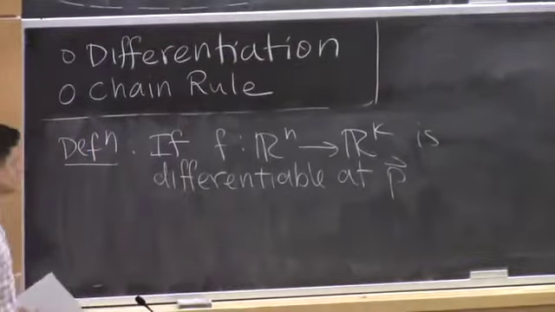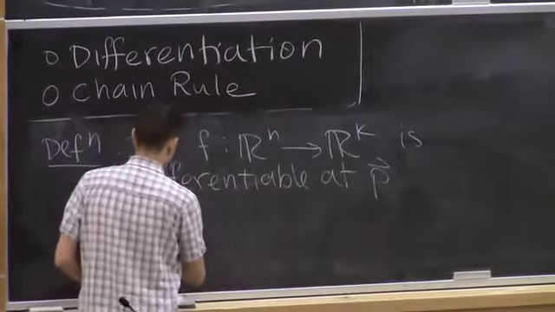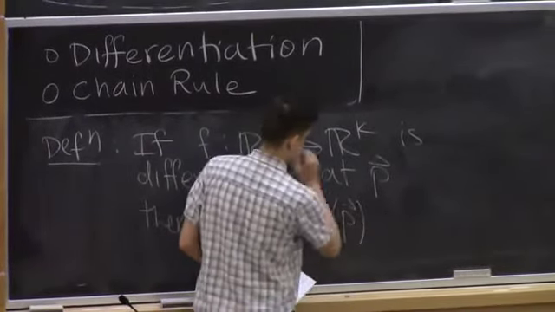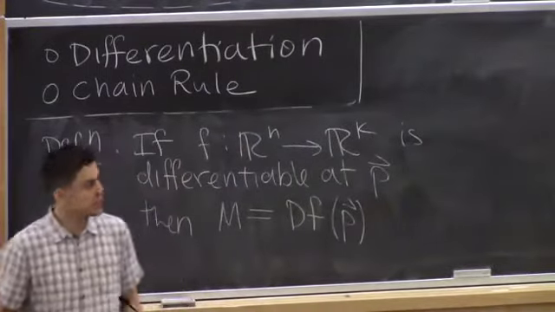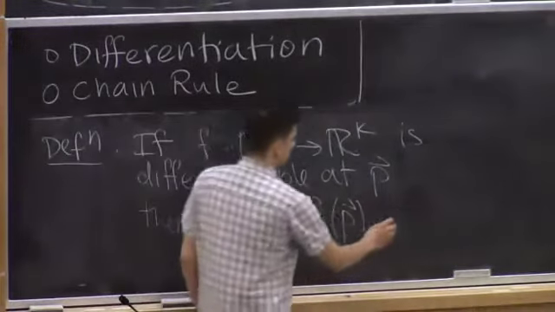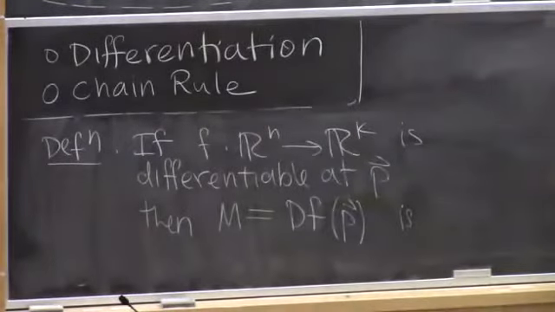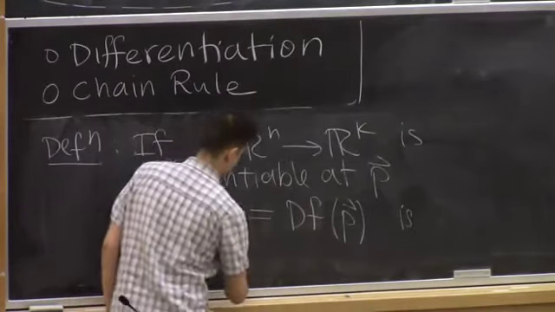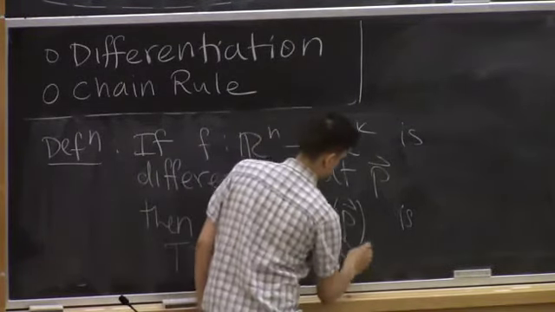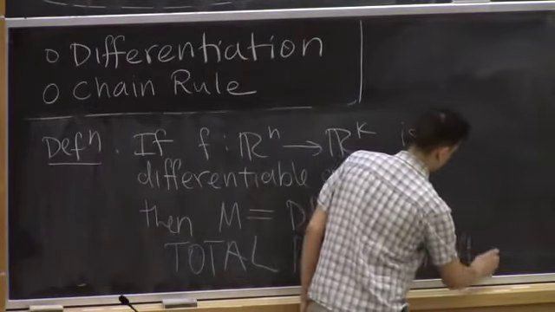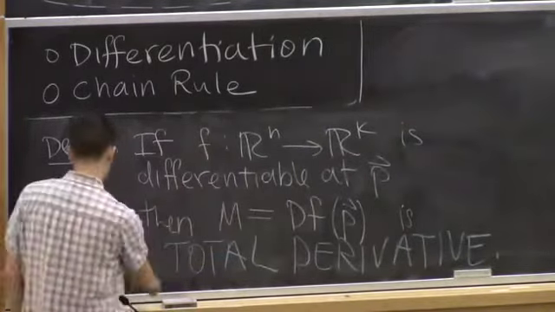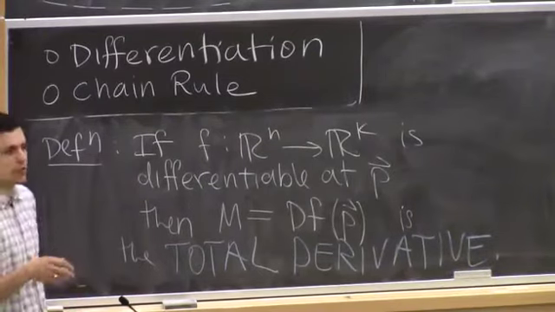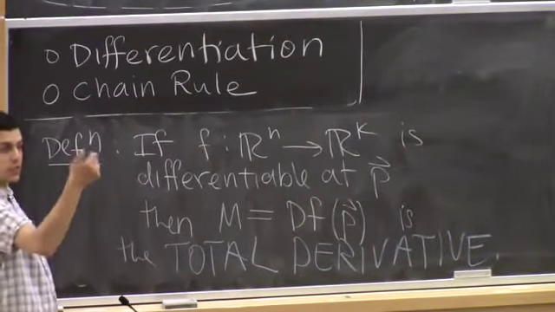Okay, so if we are differentiable at P, then we're going to call that matrix the derivative at P. So this is the total derivative at P. Okay, so we call it the total derivative to distinguish it from all these partial derivatives, where we take derivatives of just one component.